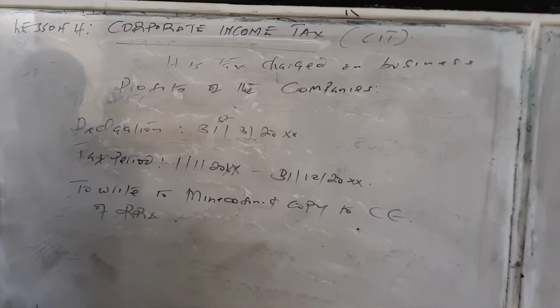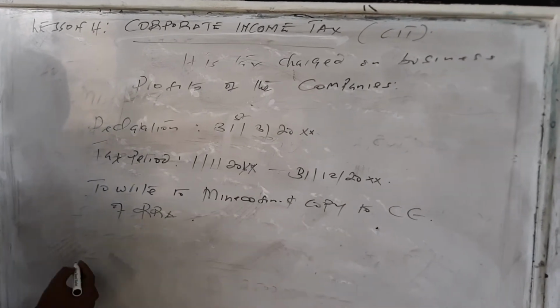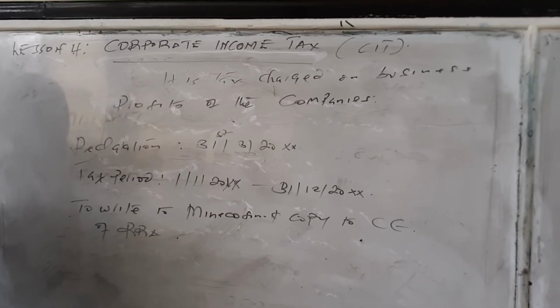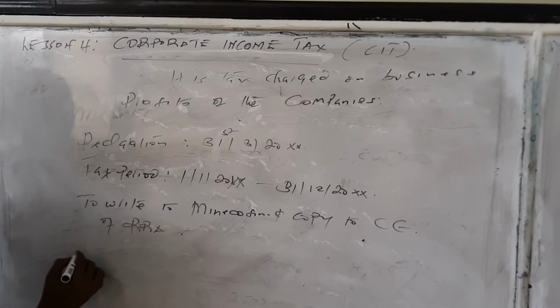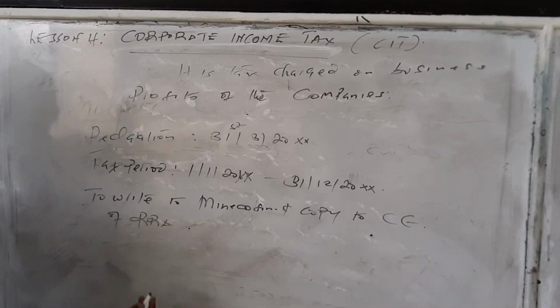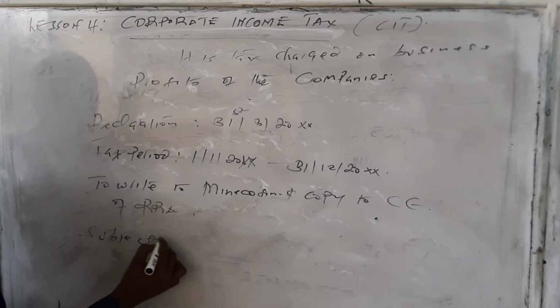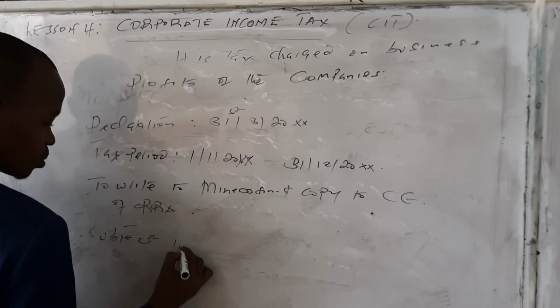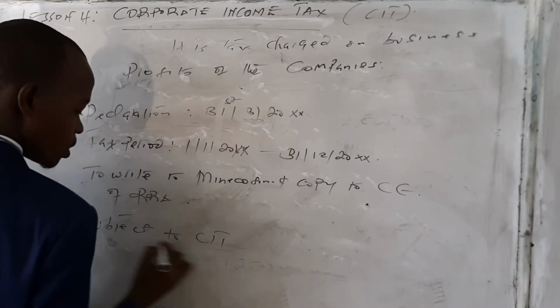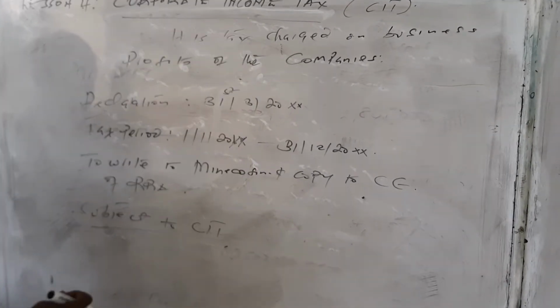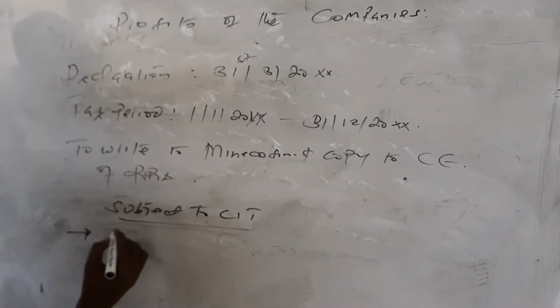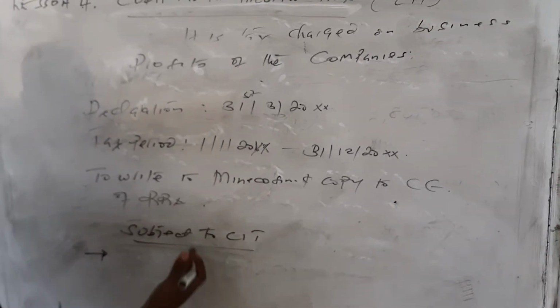So that is the time when you want to change your tax period in the business. We need to look at the companies that are subject to CIT. What are the companies, or the entities, that are subject to CIT?